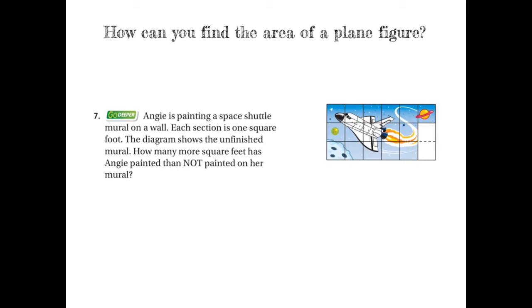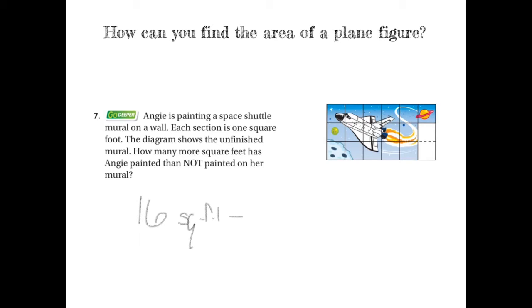And if I did that, I'd count the painted as 1, 2, 3, 4, 5, 6, 7, 8, 9, 10, 11, 12, 13, 14, 15, 16. So there are 16 square feet that are painted, minus, because it's how many more, how many are unpainted? 1, 2.